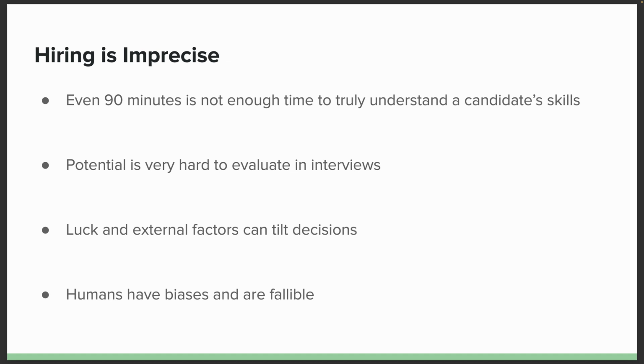If we have a 90-minute interview, 10 minutes goes to introductions and icebreakers, then we get to spend some amount of time talking, 60 or 70 minutes, and the last 10 or 15 minutes is the candidate's questions for the interviewers. And so in total we get 60 or 70 minutes of talking about candidate skills.